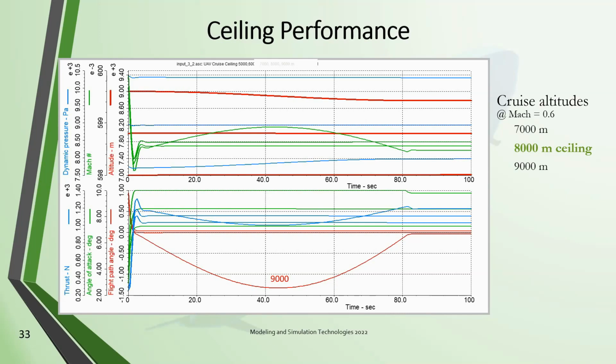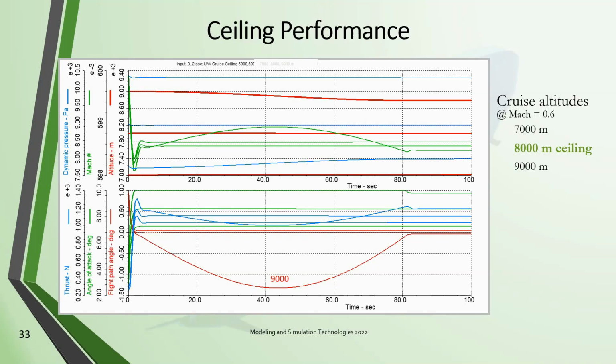On the bottom frame, you see again that the flight path angle cannot be maintained at 0 if the UAV cruises at 9,000 meters. It actually drops down from 0 all the way to minus 1.5 degrees.